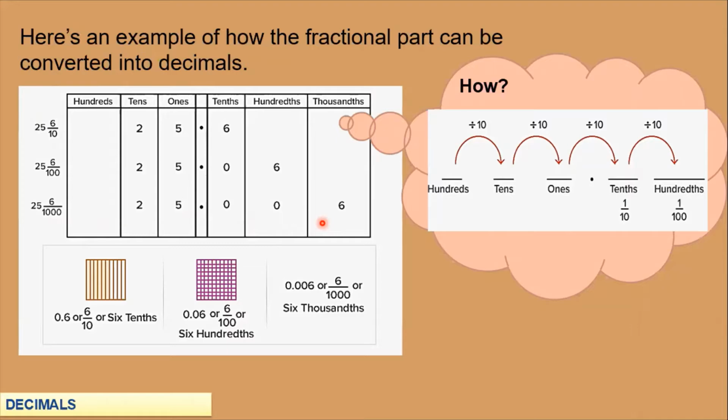So how did we come up with these numbers? Simple, we just divided by 10 with respect to its location on the decimal part. If in tens, divide by 10. If in hundreds, divide by 100. And if in thousands, divide by 1000.